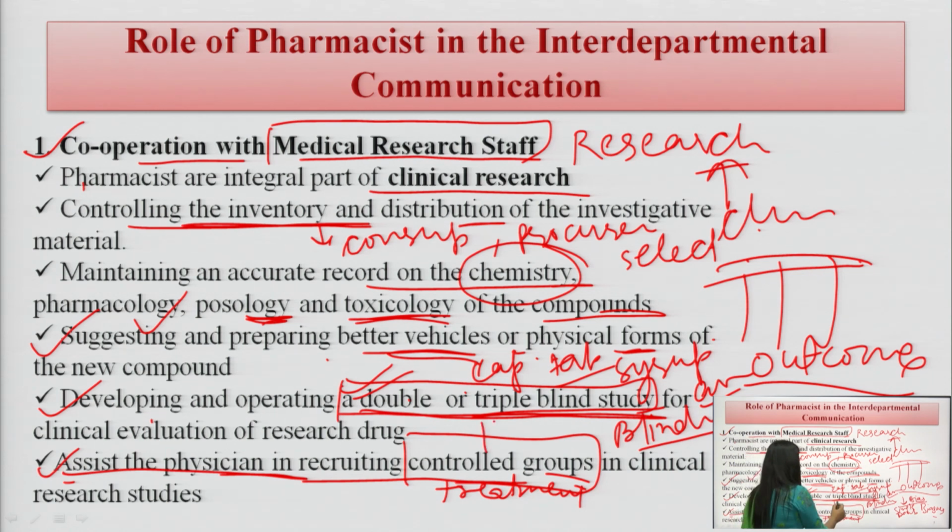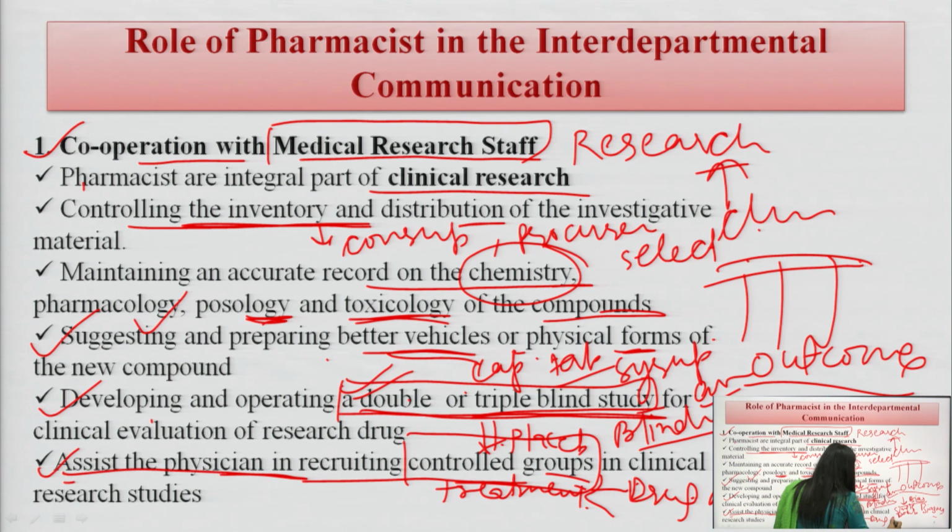For the control group, the therapy used could be the placebo, whereas for the treatment group, the therapy given has an effect, meaning it could be drug A or drug B, any drug. So it compares at the end and tries to find the results. In all of these things, especially with the medical research staff, the pharmacist has a very great role.